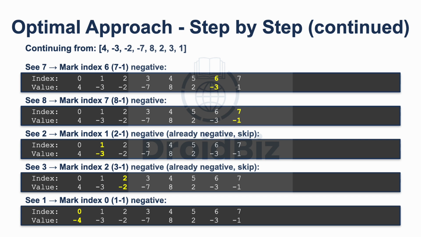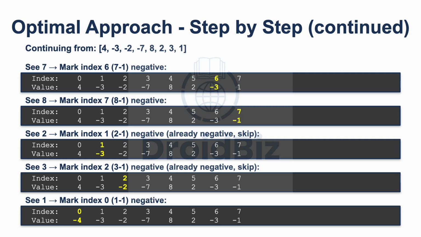The value at index 6 was 3, and now it becomes minus 3. Next, we see element 8. Number 8 maps to index 7, which is 8 minus 1. We mark index 7 as negative. The value at index 7 was 1, and now it becomes minus 1. Now we see element 2 again.